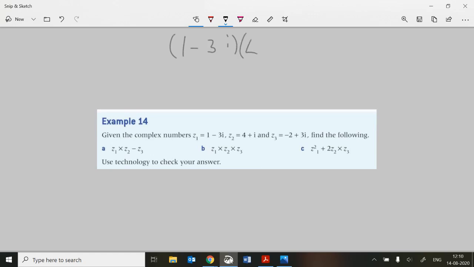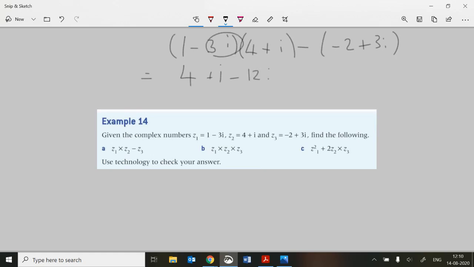Times by 4 plus i, and then take away the third one, which is take away -2 plus 3i. So multiplying this first one out, we're getting 4 and -12i, put the other way around, let's do this times this, and then plus i, and then -12i.